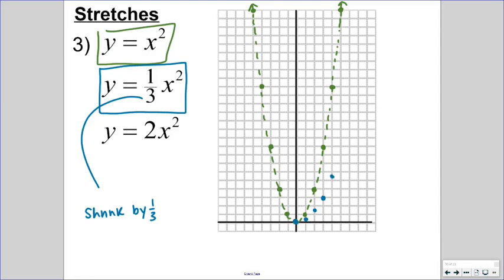And lastly, 25 times 1/3, that's our last y value, is going to be 8 1/3. All we have to do is mirror those points across the y-axis, so we can do that a little more quickly, less math to worry about there.